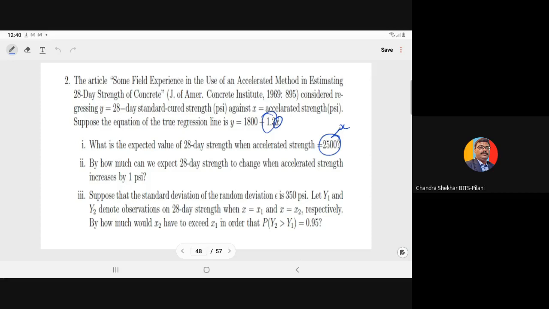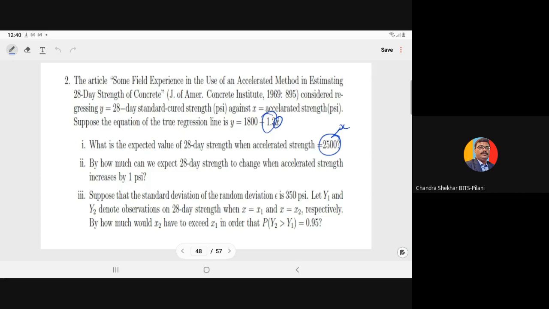Now in the third part, suppose that the standard deviation of the random deviation epsilon is 350 psi. Let y1 and y2 denote the observations on 28-day strength when x is equal to x1 and x is equal to x2 respectively.